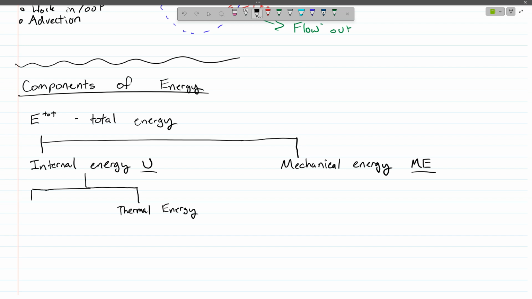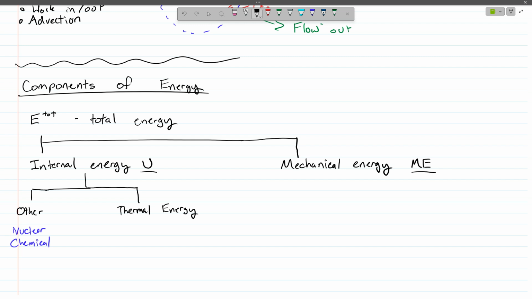Usually you're going to discuss these in physics or chemistry classes because this includes things like stored chemical energy, nuclear energy, and those are not really what we deal with so much in heat transfer. So we're going to go ahead and just tag these as being other, which includes things like nuclear, chemical, etc.